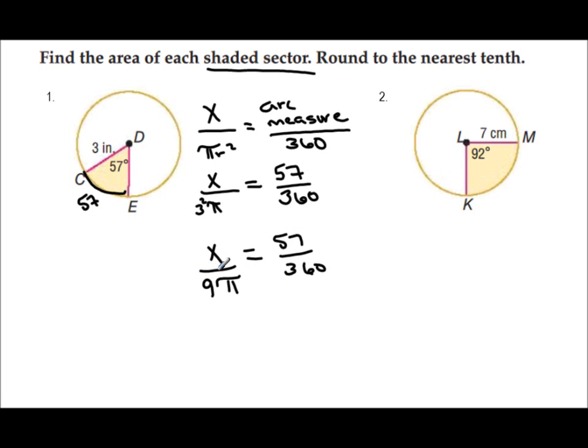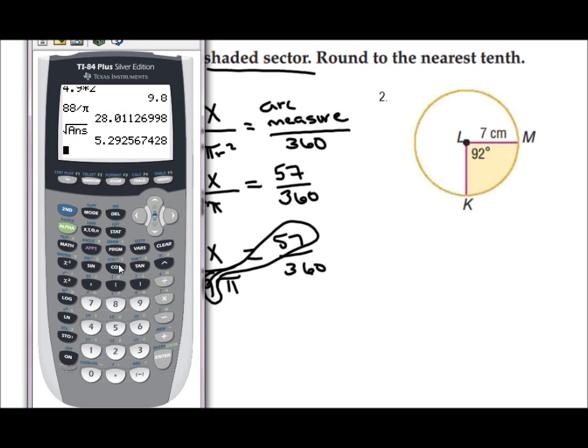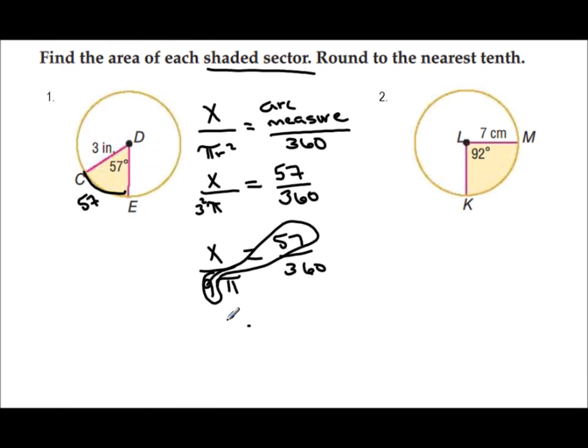We're going to multiply 9 and 57, which is 513 times pi, because we haven't put pi in the calculator yet. And that equals 360 times x.